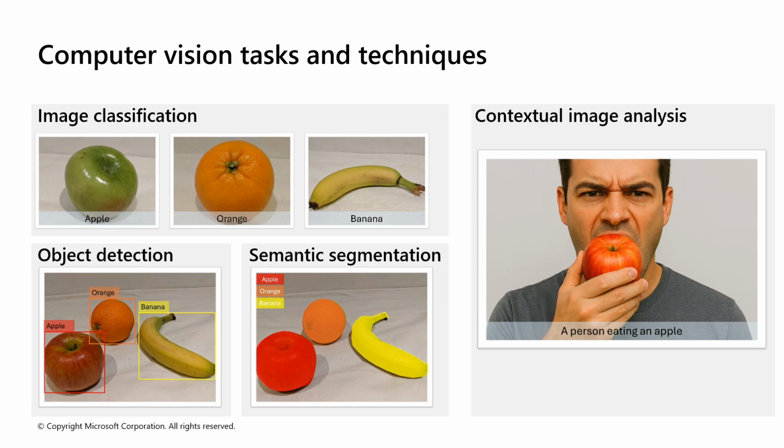Next, we have semantic segmentation. Semantic segmentation is even more detailed. Here, the model labels every pixel in the image. For example, which pixels belong to the apple? Instead of a box, you get a precise outline of the object.